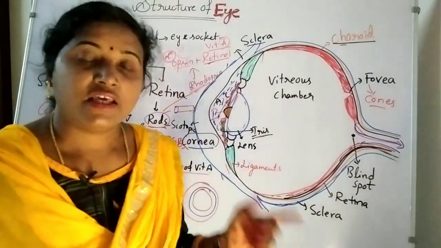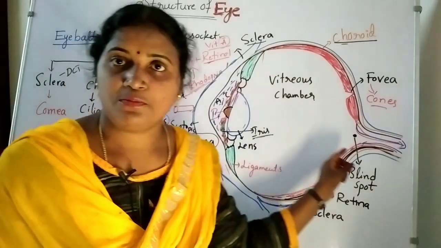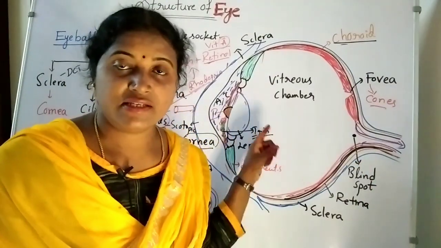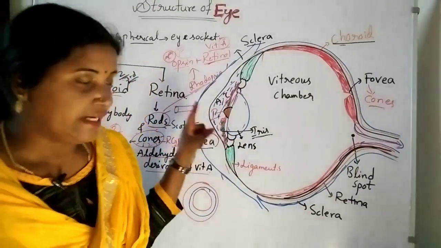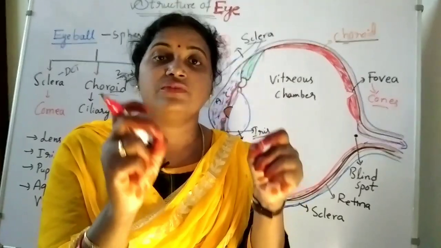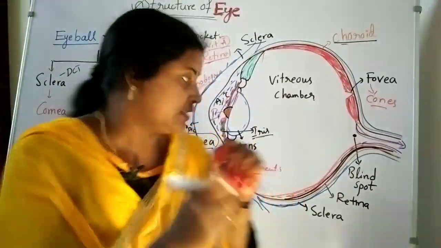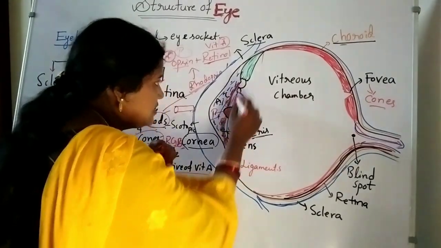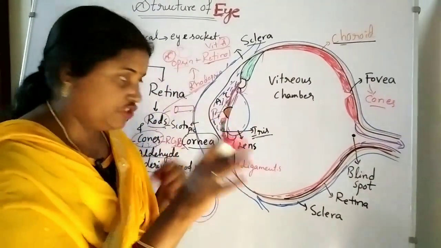In the same way, in our eyes we also have a lens through which light rays pass from the cornea to the lens, and from the lens to the retina. This lens is held in place with the help of ligaments, which locate the lens in a particular position.